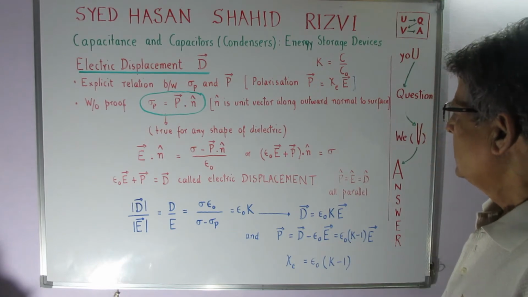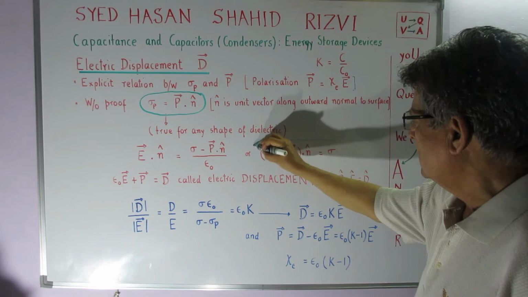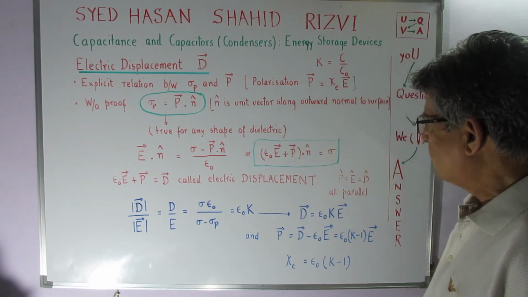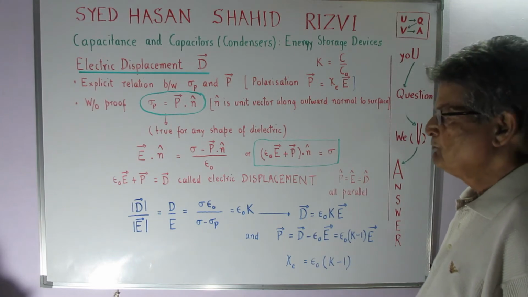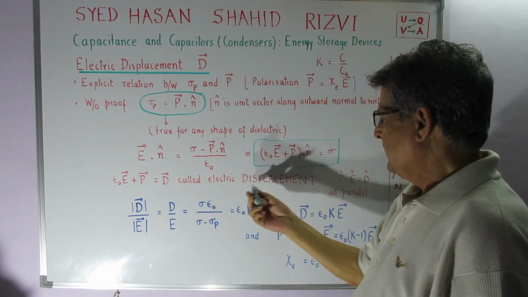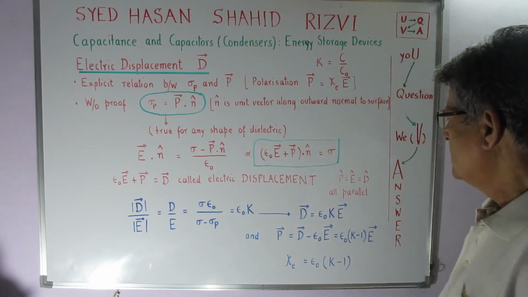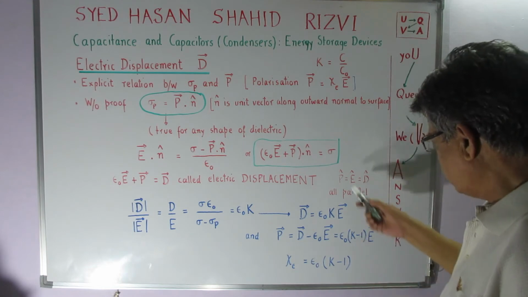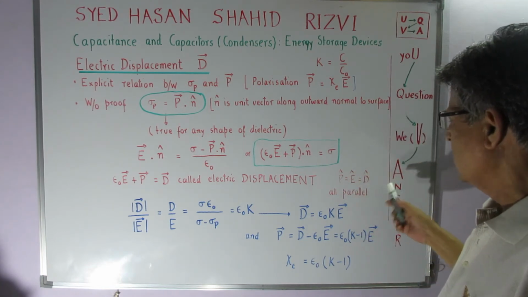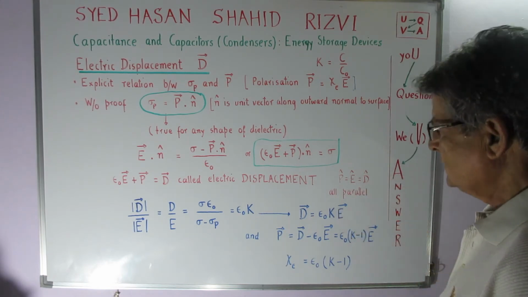Now this quantity, the relation that we obtained over here, epsilon naught E plus P is equal to D. We call it electric displacement. And of course the P, the E, the D, their cap vectors are unit vectors, all parallel to each other.